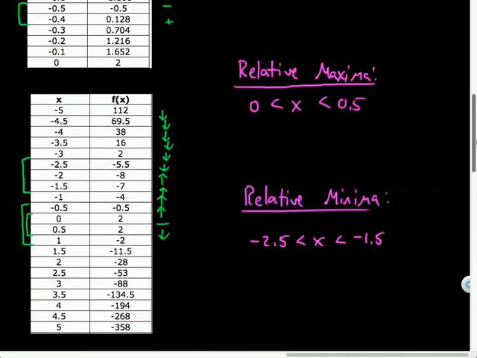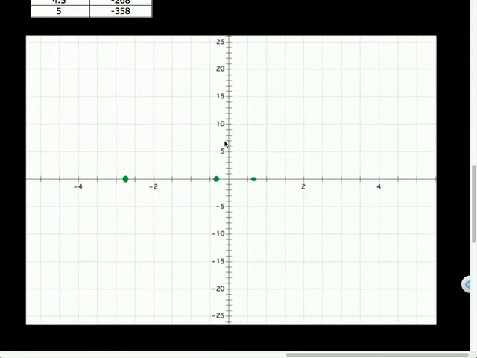Let's see, for minimum value, or maximum, we'll do the maximum first. It occurs between 0 and 0.5. What should the height of that value be, do you think? Well, yeah, it's probably bigger than 2 because it was increasing as it got there. And I'll put it somewhere here, I don't know, maybe 3-ish, 4-ish.